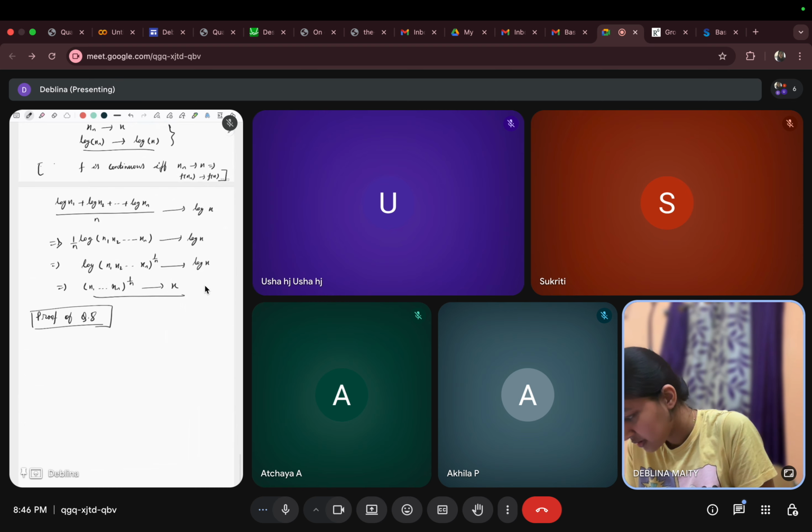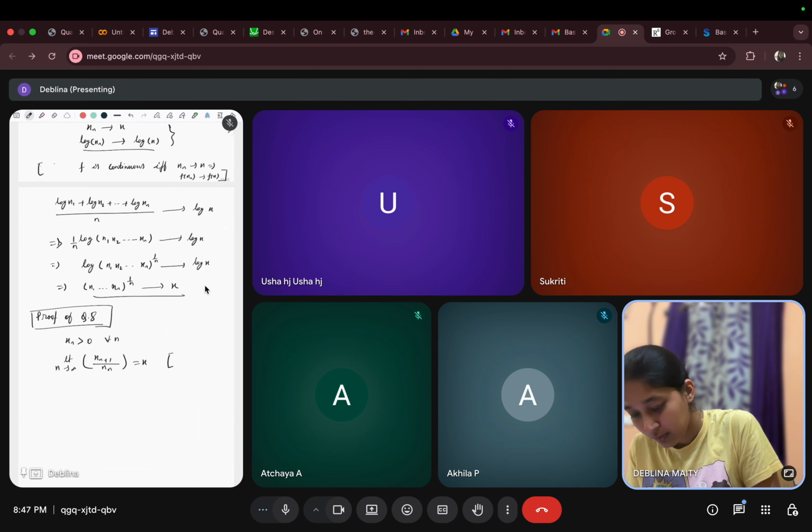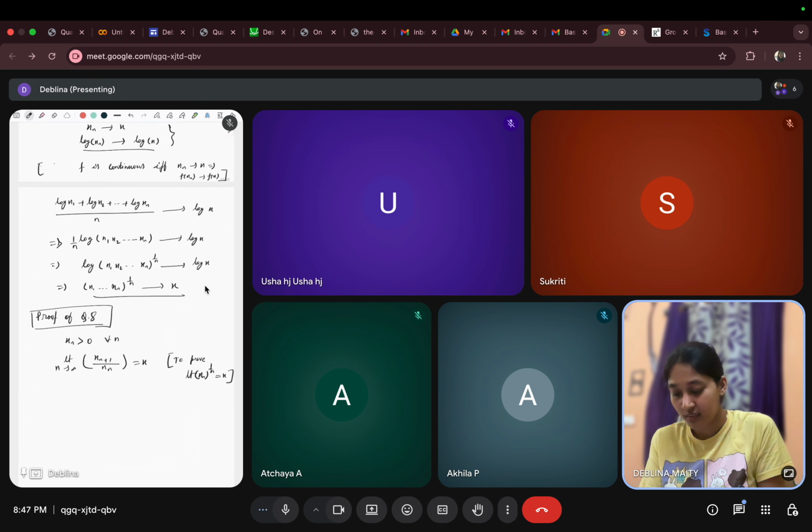What we are given: xn greater than 0 for all n, and the limit as n tends to infinity of xn plus 1 by xn is x. We have to prove the limit of xn to the power 1 by n is x.